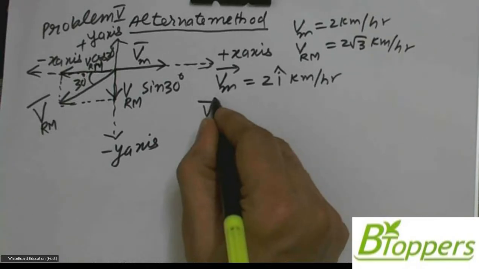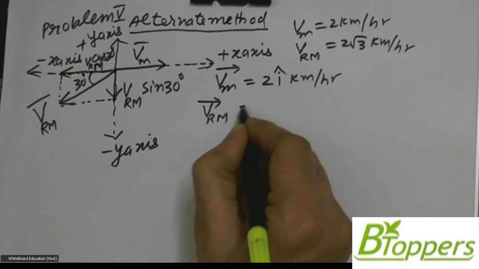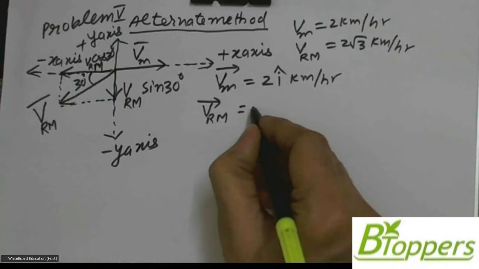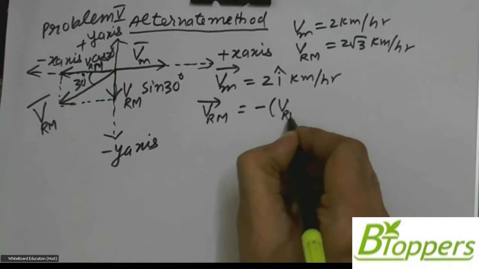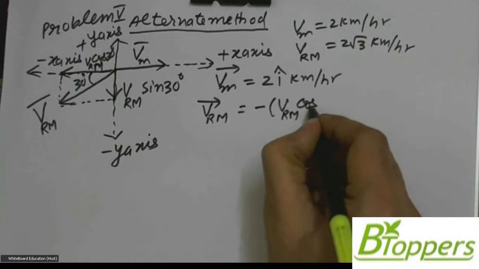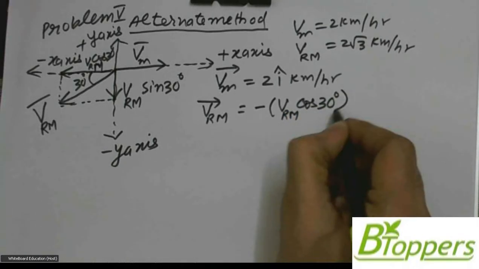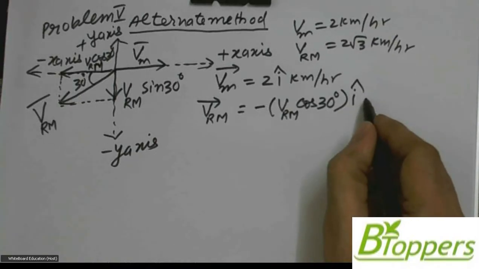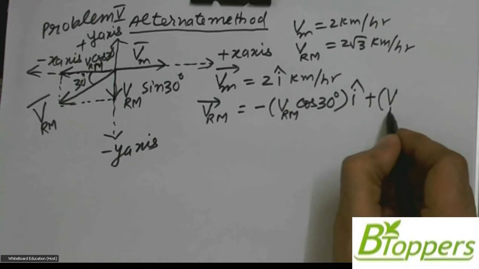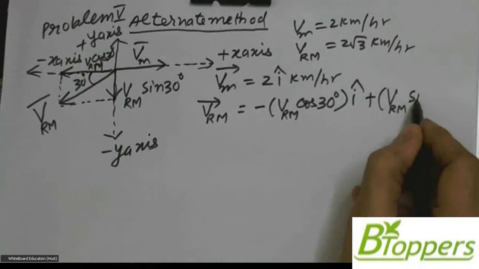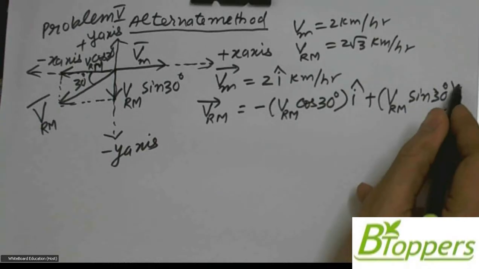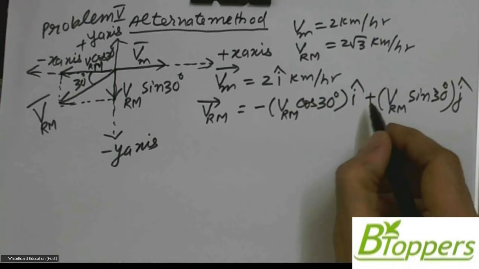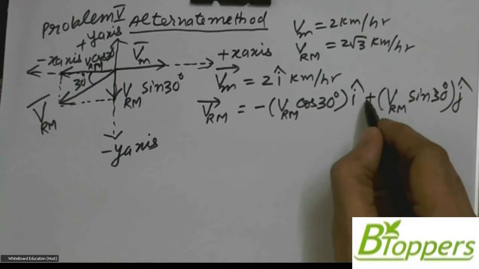And the relative velocity of the rain with respect to the man can be written as minus Vrm cos 30 degrees i cap plus Vrm sin 30 degrees j cap. Here there should be a minus sign.